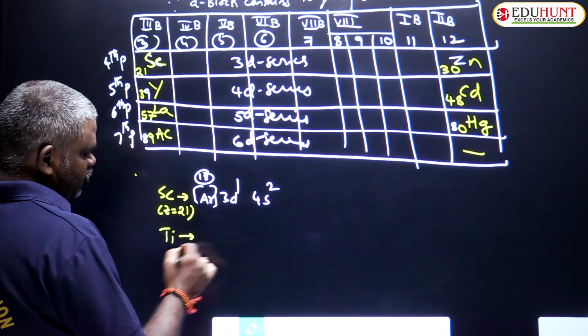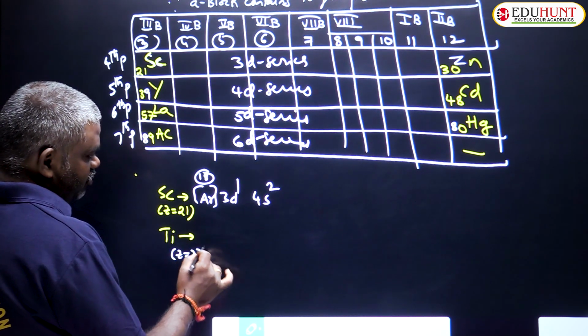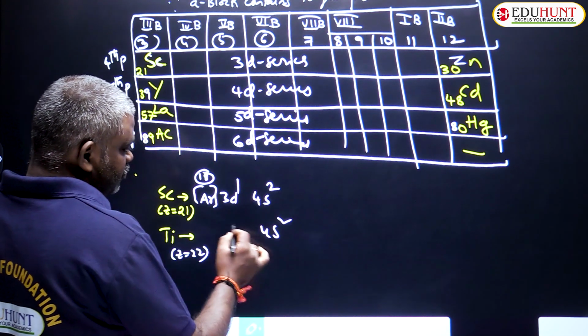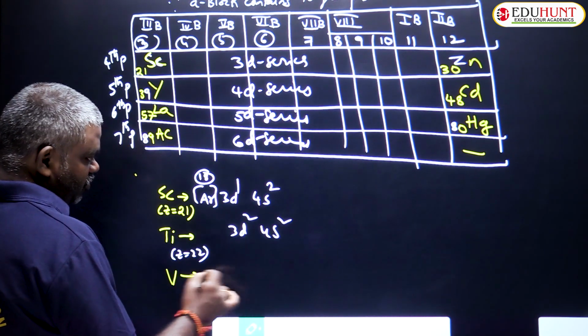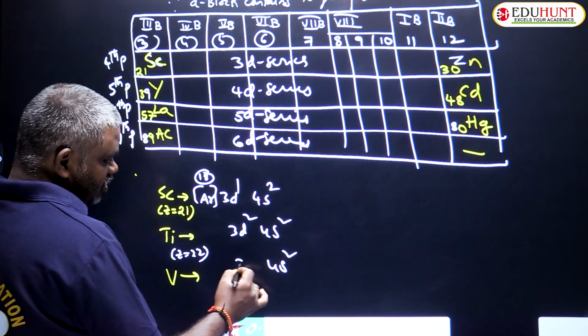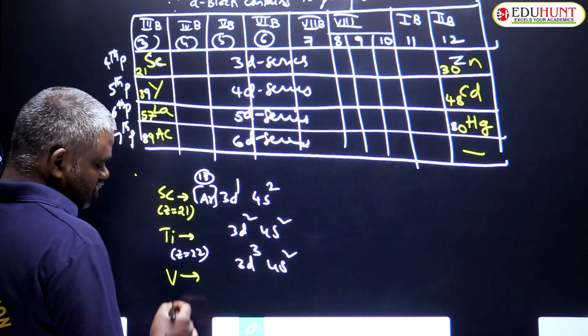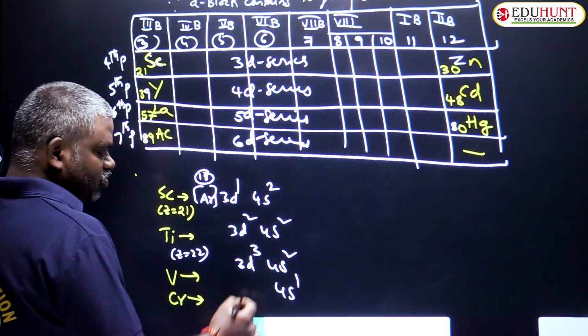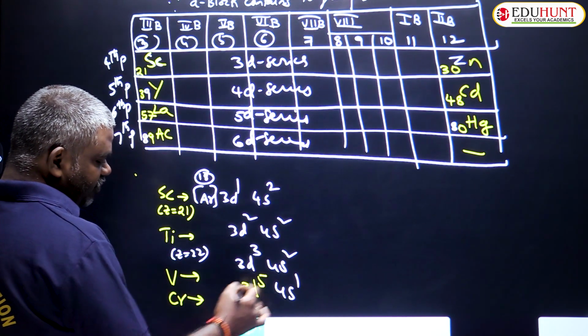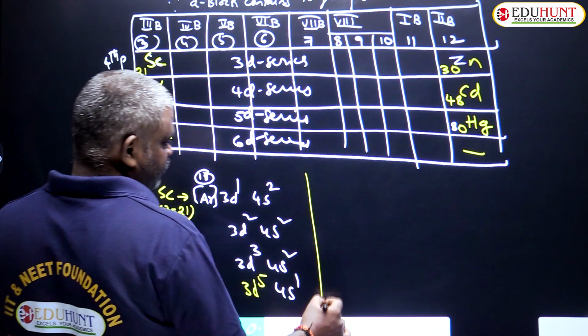Titanium 22: 4s2 3d2. Vanadium 23: 4s2 3d3. Chromium, due to stability, exhibits the 4s1 3d5 configuration.